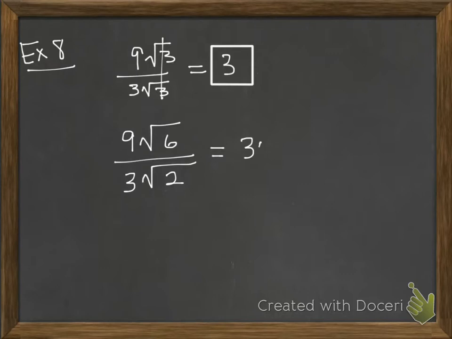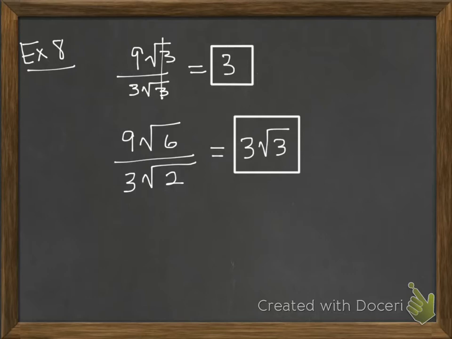It would be 3 square roots of 3. Anytime you can simplify, simplify. Because if I had square root of 12 divided by the square root of 3, then I would end up with what?